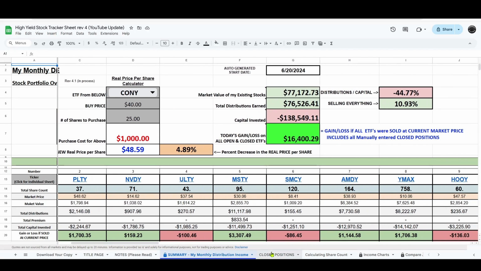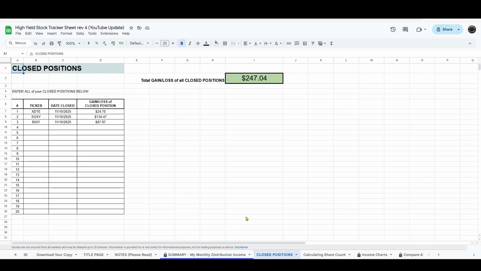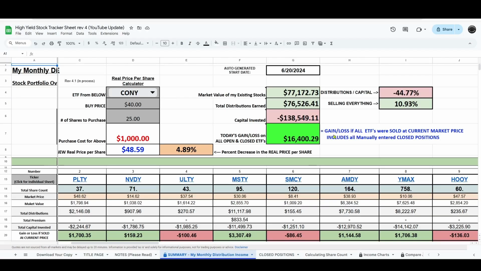And then it will also contain the close position tab here, where if you sell out of a certain ticker, you can capture that on this page, and that will be added into this green number right here. And that's your total loss and gains of all of the open and closed ETFs.